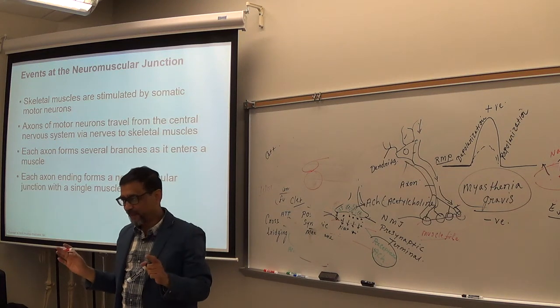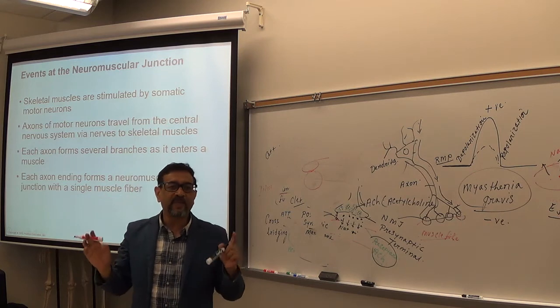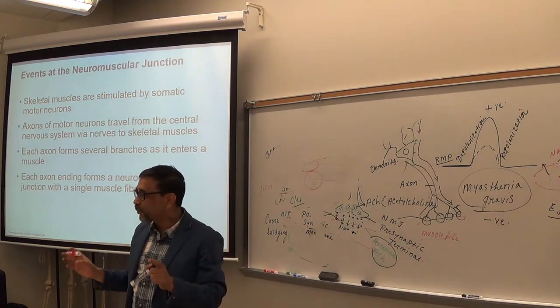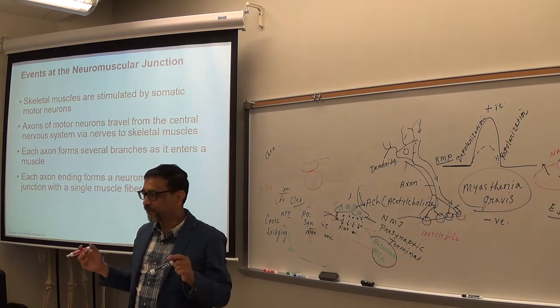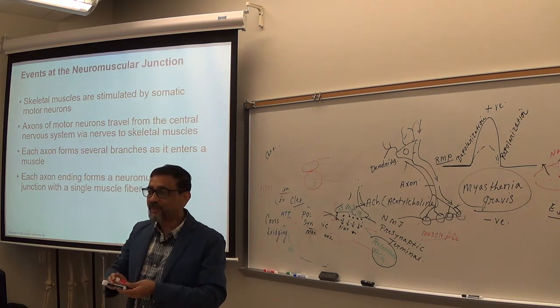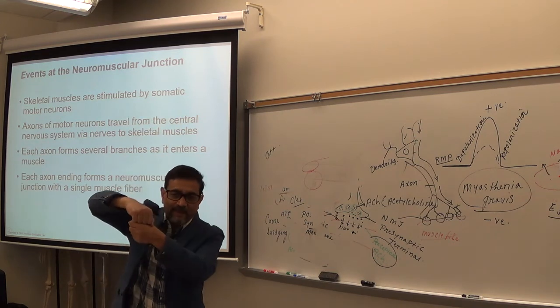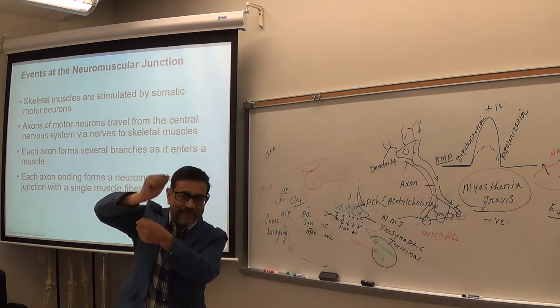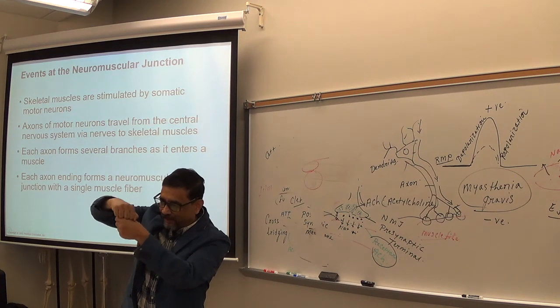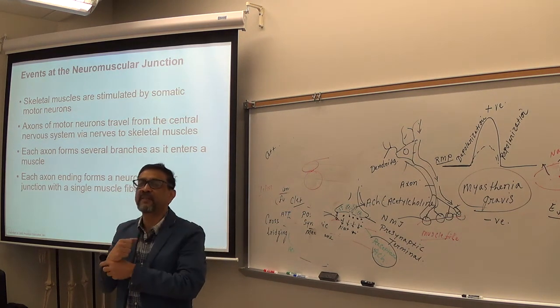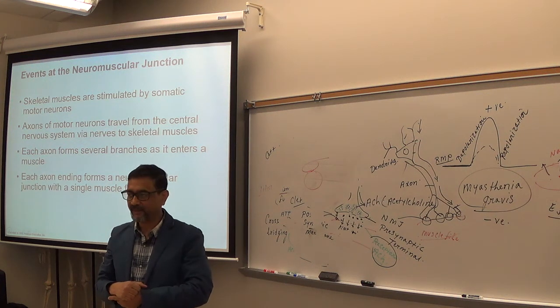After death, no ATP is produced, because ATP is only produced in a living body, right? So after death, no ATP is produced. So what happens? Many myosin heads remain attached and cannot go back, because of lack of ATP. And that causes stiffness of muscles after death.